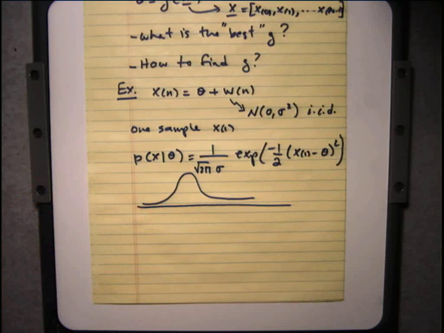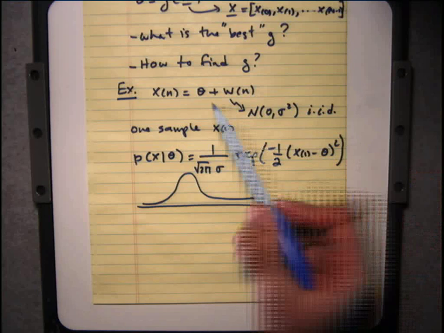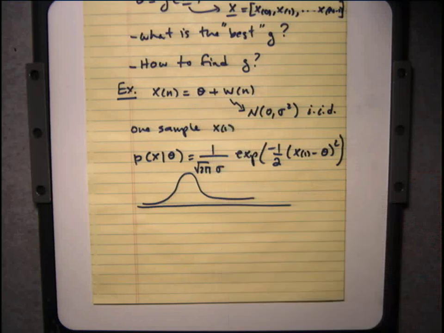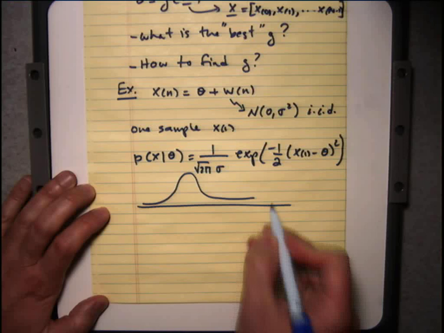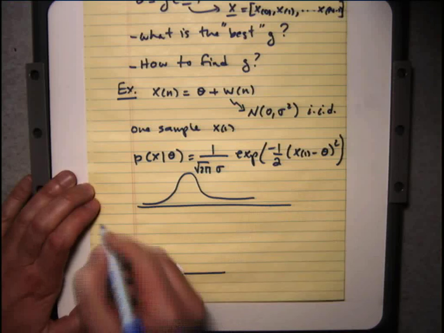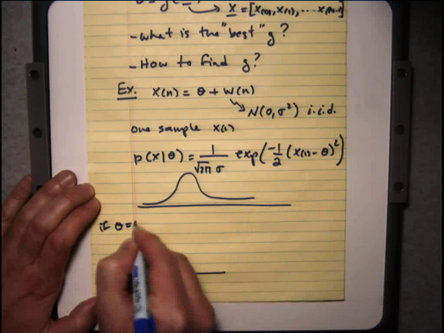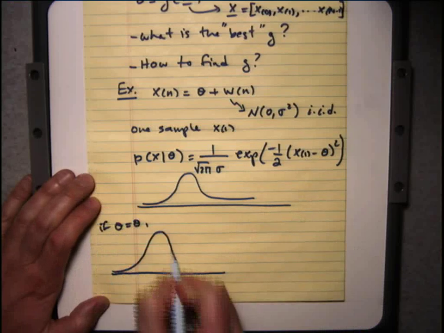Now, suppose I had only two values of this parameter to choose from, right? I don't know what theta is, but I know that it's either, let's say, 1/2 or it's 5. Okay, we just have two parameters. So let me plot what this distribution would look like for those two different parameters. If theta equals theta 1, then the distribution might look like this.